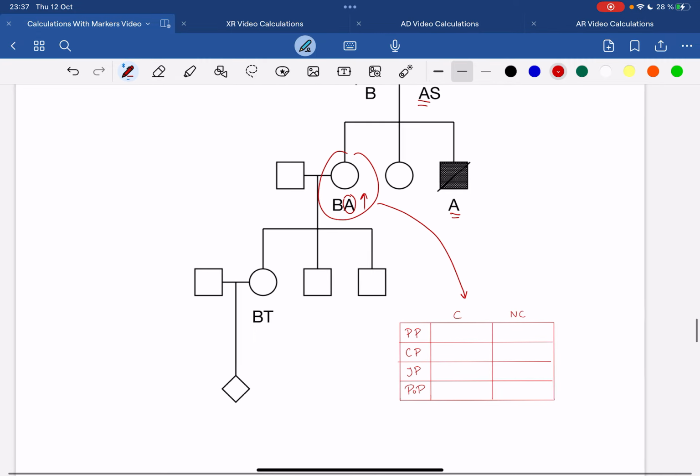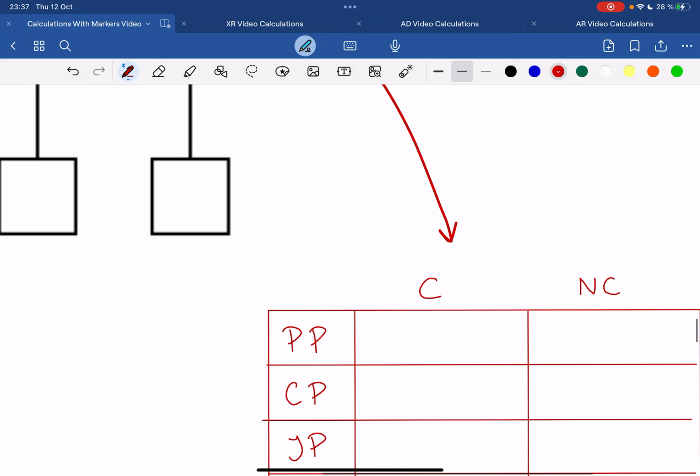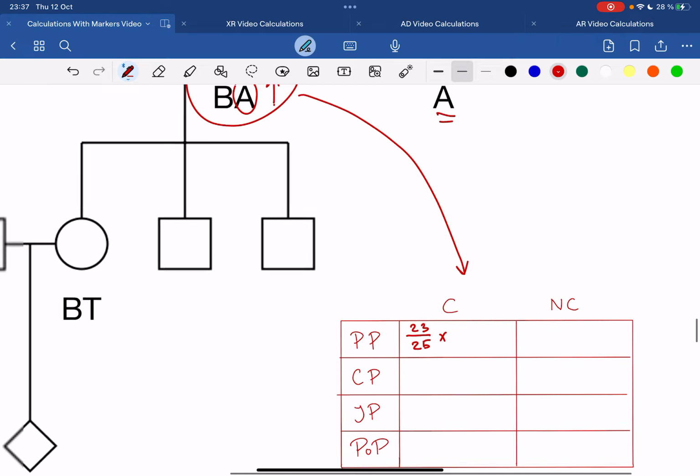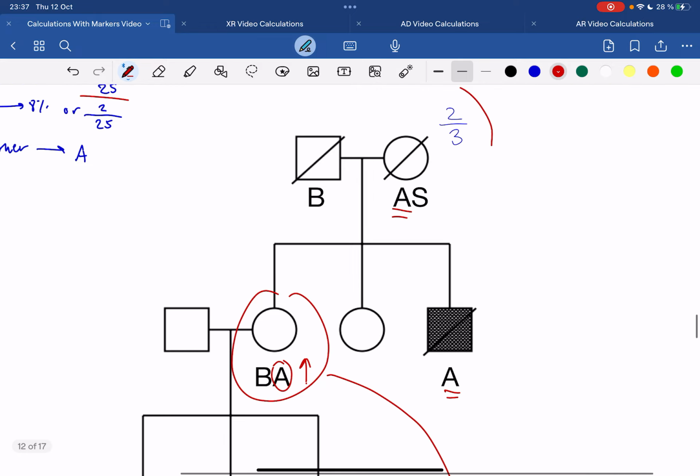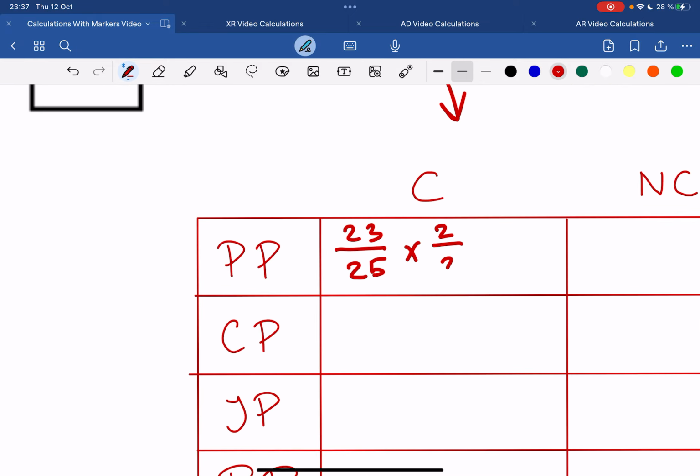So here, there's a high chance, and our high chance is 23 divided by 25 times the mother's chance to be a carrier, which is 2 out of 3.